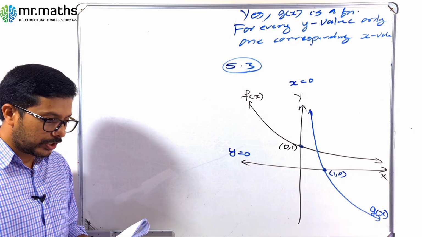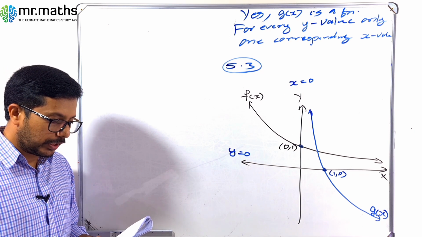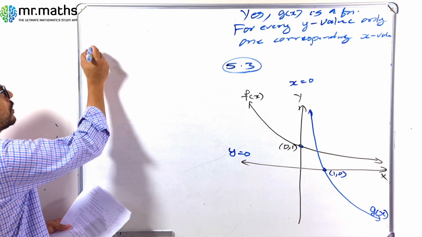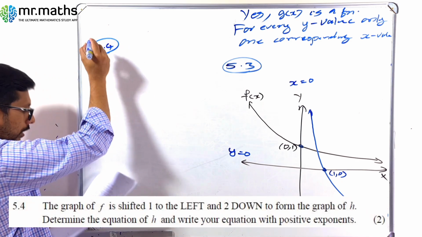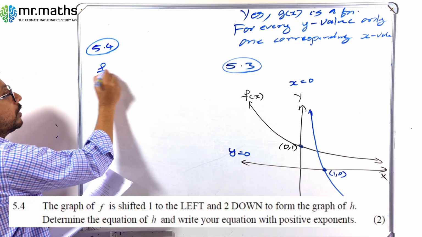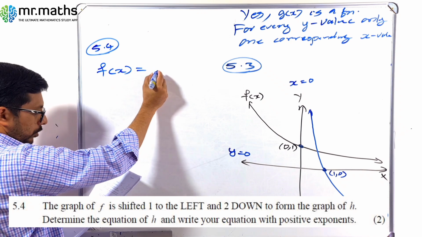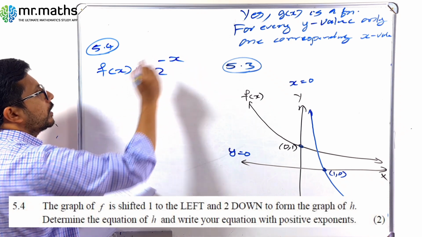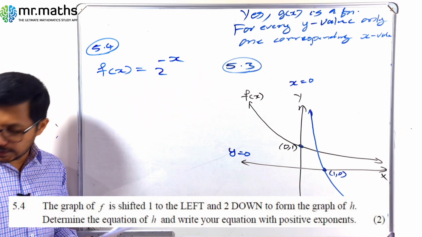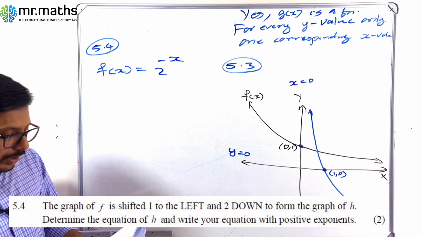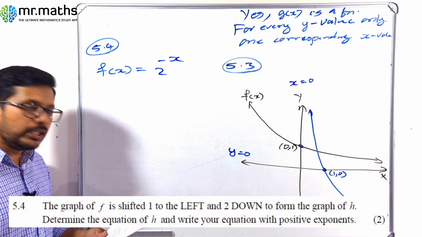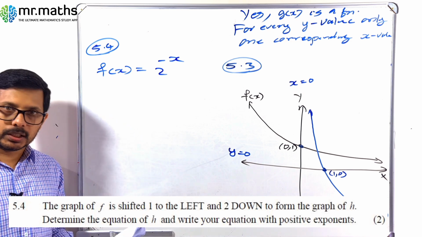The graph f is shifted 1 unit to the left. So what is f of x? F of x is 2 raised to minus x. Now they are saying that this graph f is shifted 1 unit to the left direction.